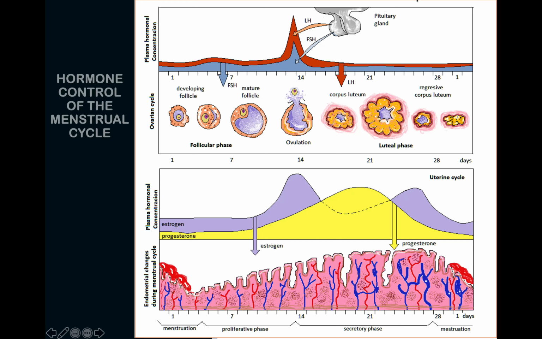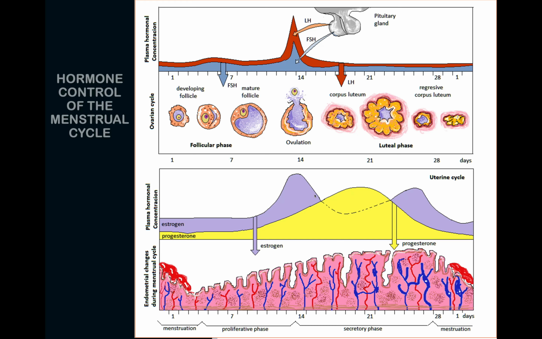Now, the corpus luteum produces the hormone progesterone. So, after ovulation, the progesterone is going to be secreted by the corpus luteum, and that is why you see a rise in the level of progesterone.